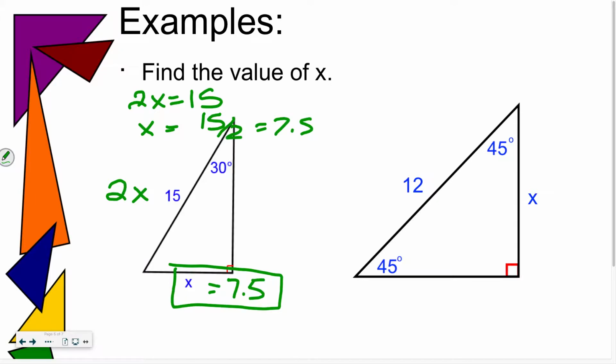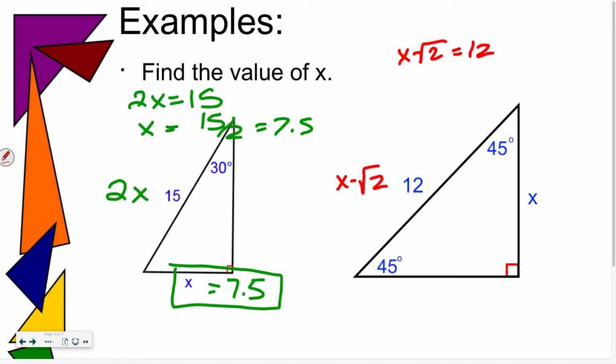So now apply that to the 45, 45, 90 triangle. The side that's labeled is the hypotenuse. How do you label the hypotenuse in a 45, 45, 90 triangle? x square root 2. So that's saying x square root 2 is equal to 12. Now, you can answer this a couple of different ways. Some people might be able to just think about what number multiplies with square root 2 to give me 12.